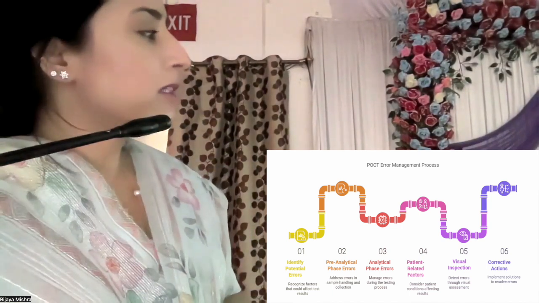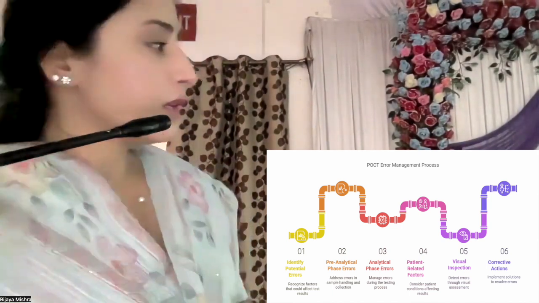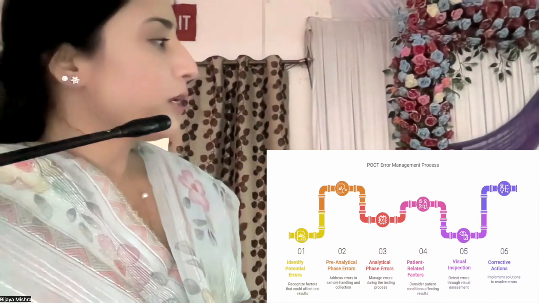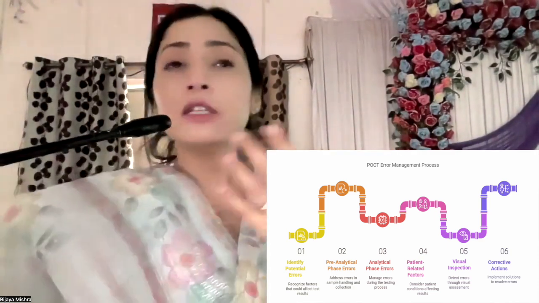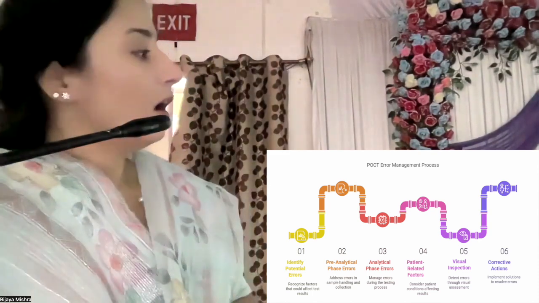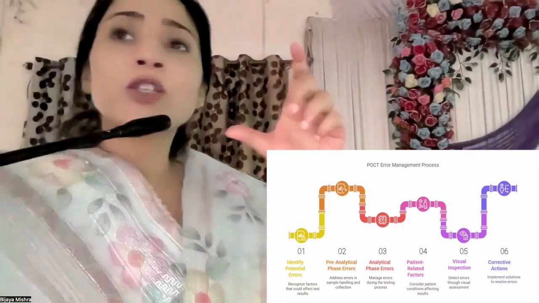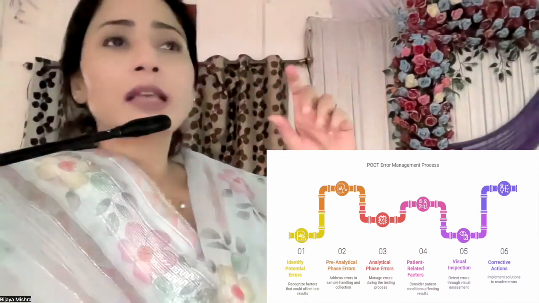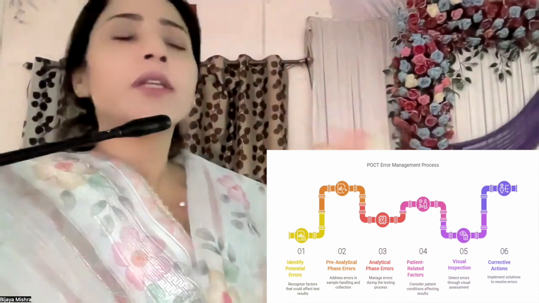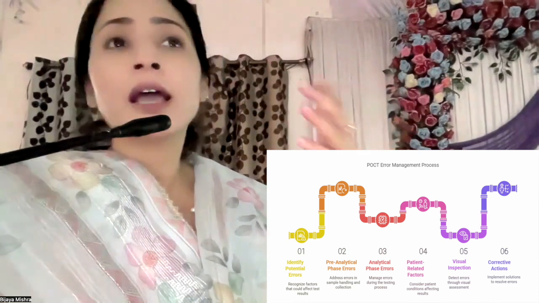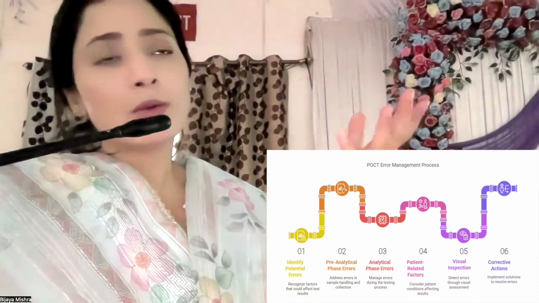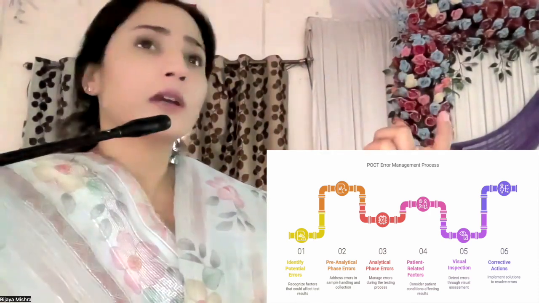When it comes to analytical phase error, we need to know the interfering substances. We need to know the patient-related factors that might lead to errors, like whether the patient has icterus, jaundice, or lipemia. These all affect the quality of the reporting. Visual inspection will also give us a guide. If we are separating the serum and we see a very yellowish color sample, we know that the patient may have icterus; a light yellow sample suggests icteric jaundice.